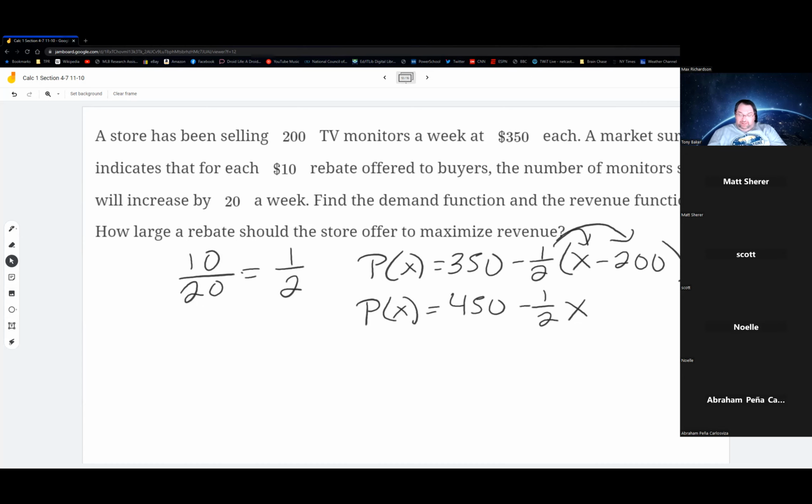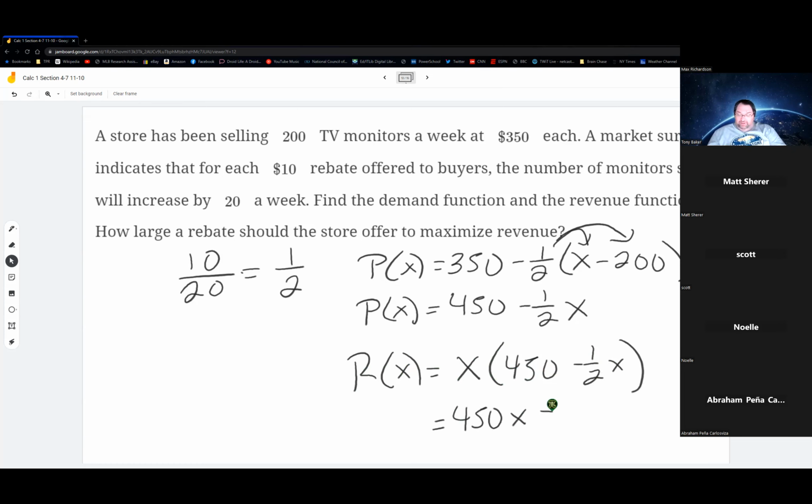So now your revenue equation is just the number of monitors you sold times the price, and that's how much money you're going to bring in. So it's x times (450 minus 1/2 x), or 450x minus 1/2 x squared.